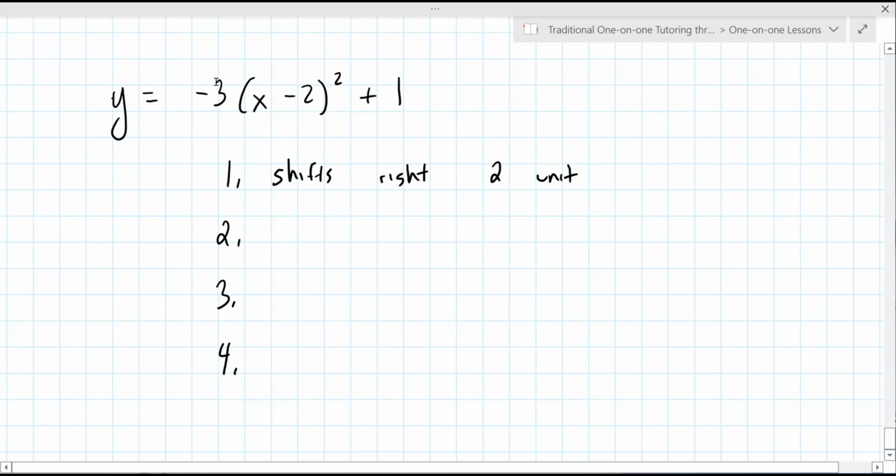This is the next one. It's either the 3 or the negative. What does that do for this? We talked about the 3, just the 3 without the negative, because that was the first thing we talked about. If the number in front is greater than 1, ignore the negative for the moment. What does the 3 do?